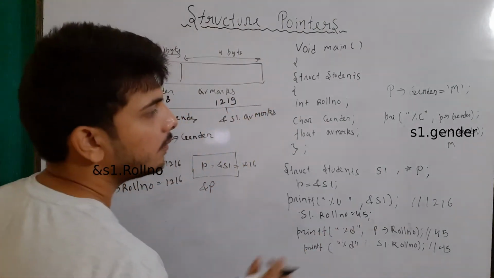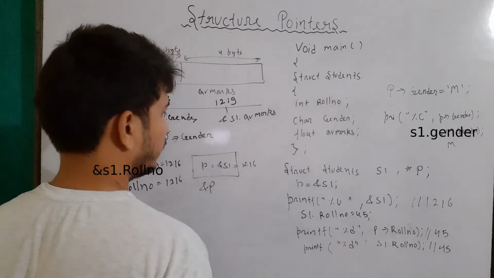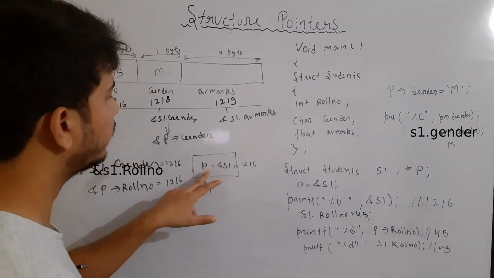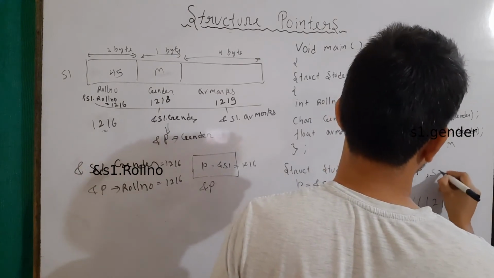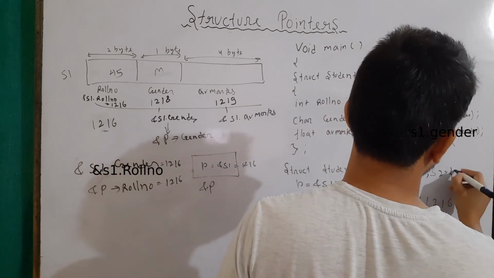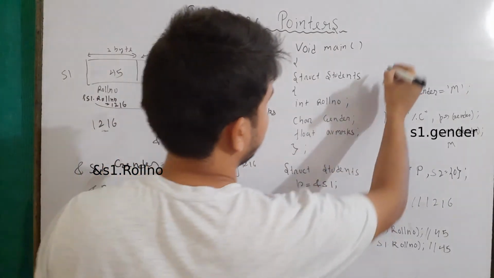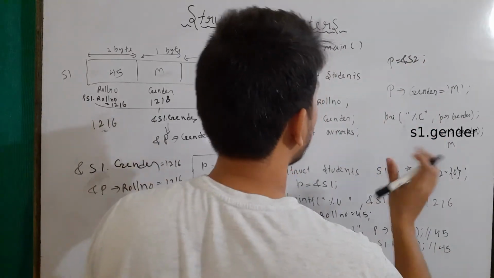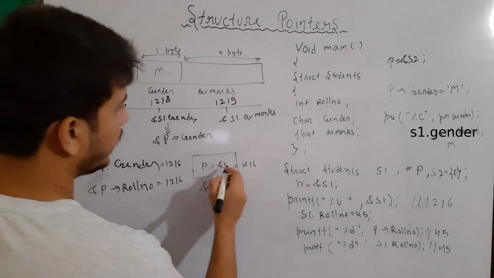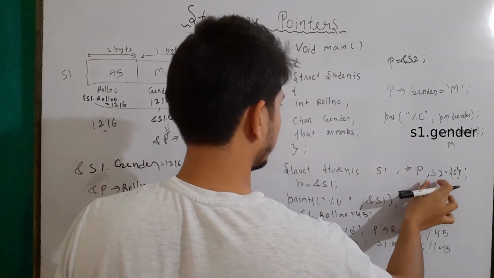Another thing is that the pointer variable can also point to some other location later. For example, here it was previously pointing to this location. Let's say I make another variable S2 and I assign every value as 0. Then I can write p = &S2. So now this pointer variable will be pointing to the base address of our other variable.